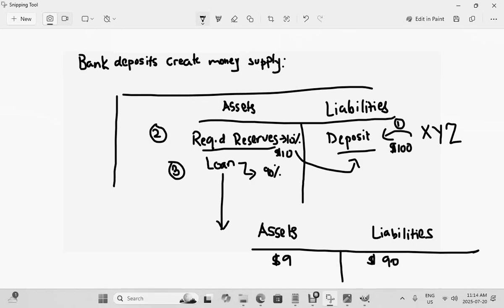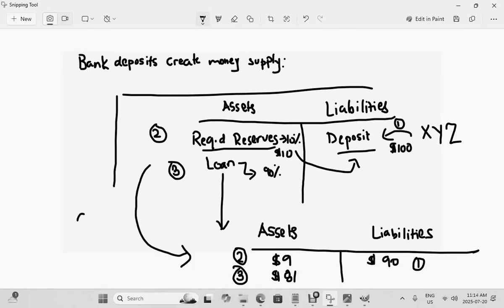And the rest of it will be available for loan one more time. So this is step one, this is step two, and this is step three. The rest of the figure, which is $81, will be available for the bank to lend to borrowers, through whom the bank can make money off interest. So interest income. And this cycle continues.